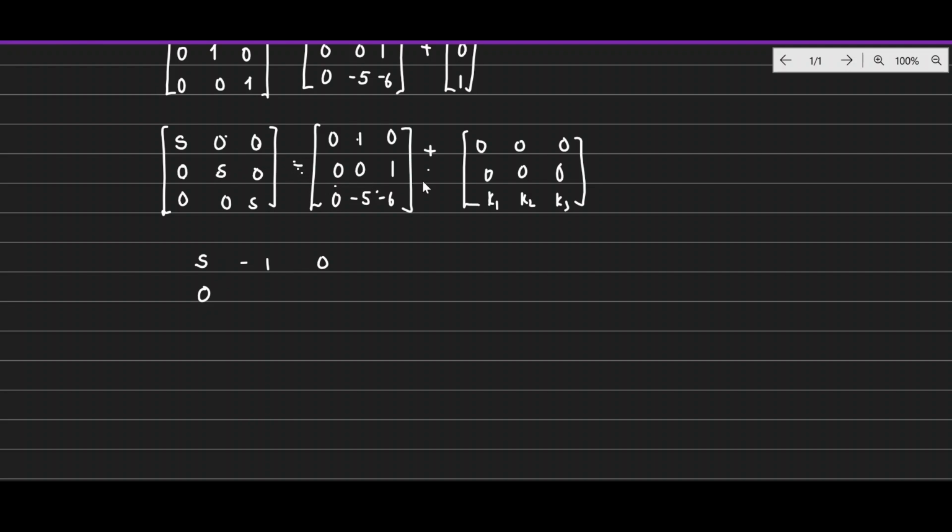S minus 0 plus 0, that is S, sorry. And then 0 minus 1 plus 0, that is negative 1. And then 0 minus 0 plus k1, that is k1. 0 minus negative 5 plus k2, that is 5 plus k2. And then s minus negative 6 plus k3, that is s plus 6 plus k3.